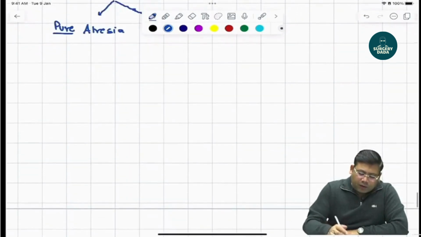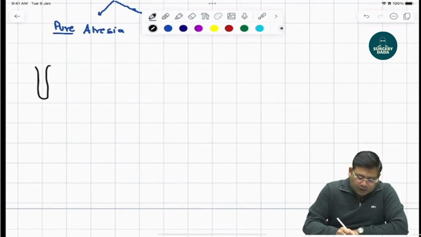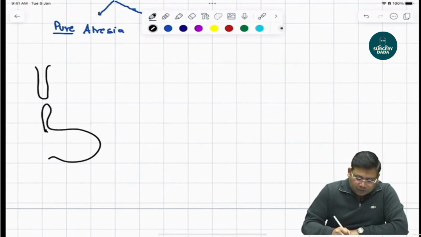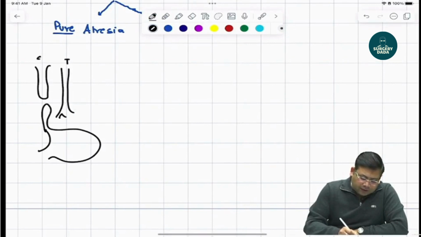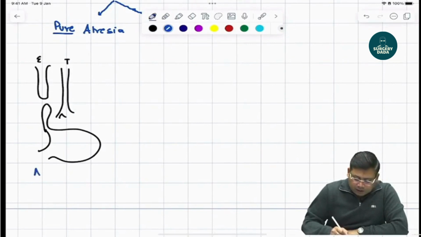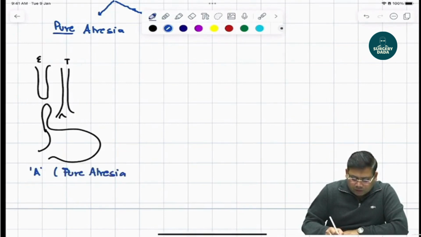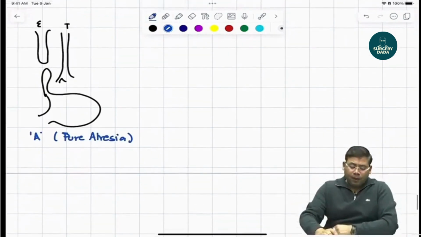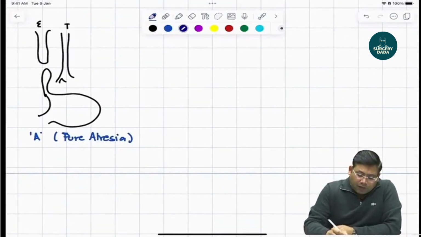Let us try to understand them. Imagine this is the esophagus and this is the trachea. If you see, this is what is known as type A, the one which is pure atresia. This is very important, pure atresia. What are the other ones we have? Try to understand something like this.